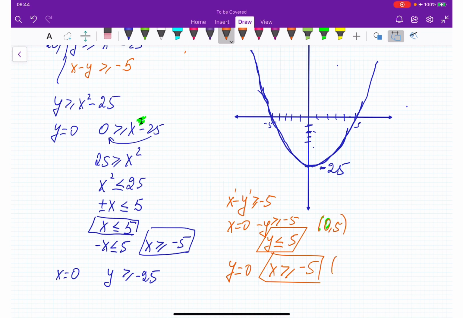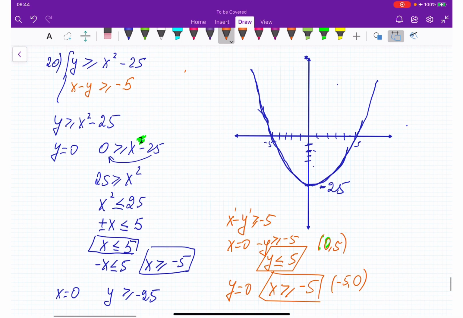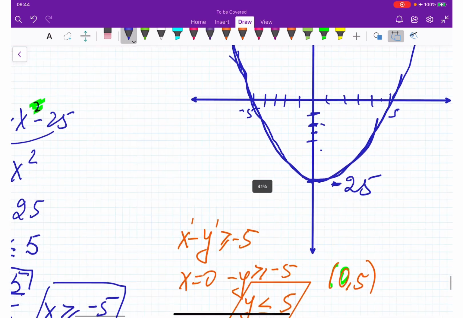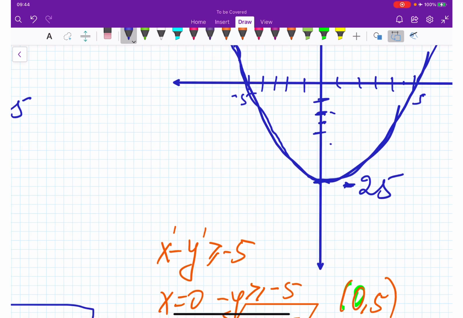The other one is going to be negative 5 and 0. Okay, 0 and 5, let me see. Now I'm going to get approximately, if this is negative 25, I have to keep proportion on this one. 1, 2, 3, 4, 5, 6, 7, 8, 9, 10.